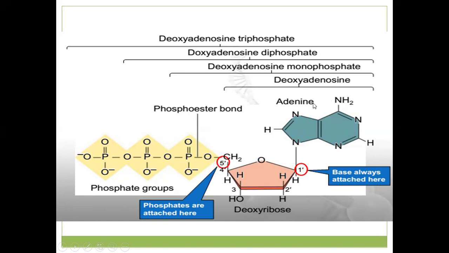When one phosphate is attached through a phosphoester bond, we have deoxyadenosine monophosphate. When 2 phosphates are attached, we have deoxyadenosine diphosphate. When 3 phosphates are attached, we have deoxyadenosine triphosphate.